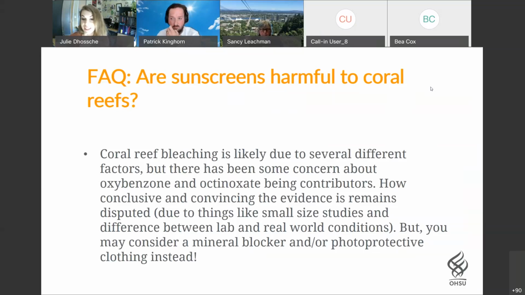How conclusive and convincing the evidence is does remain disputed, because the studies are kind of small. They've been done in the lab with high concentrations, and can you really transfer that to real world conditions? So that's still a little controversial, but you may consider a mineral blocker, which we prefer in the first place, and/or photoprotective clothing instead.